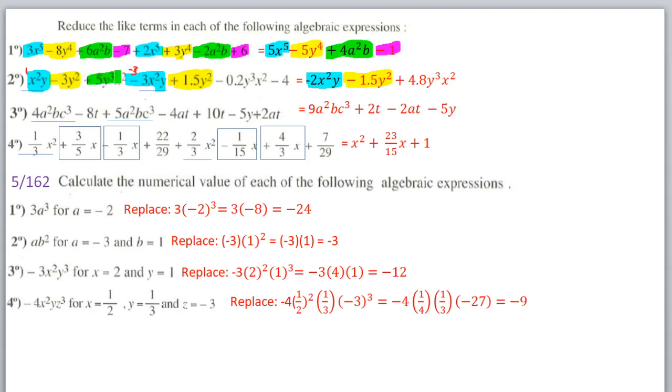Okay, so again, 5y cubed x squared with negative 0.2y cubed x squared. So just use a calculator. 5 minus 0.2 is 4.8 here. And finally, we have minus 4. There is nothing here with a number, so minus 4 is alone. So we copy it here, minus 4 only.